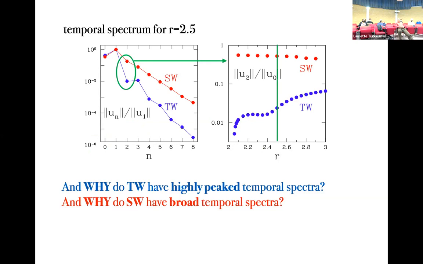If we take the ratio of this to this for all the Rayleigh numbers, we see this continues to be the case. For the standing waves the factor is not very different, and for the traveling waves it is. Okay, so we've kind of explained it.